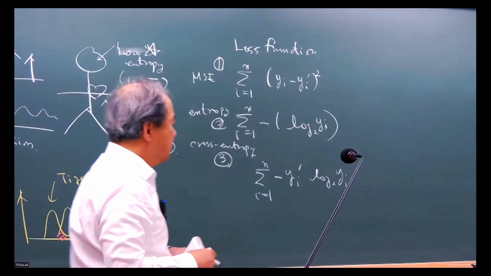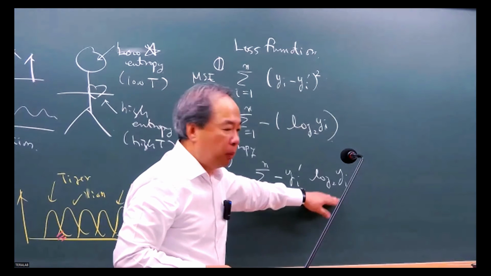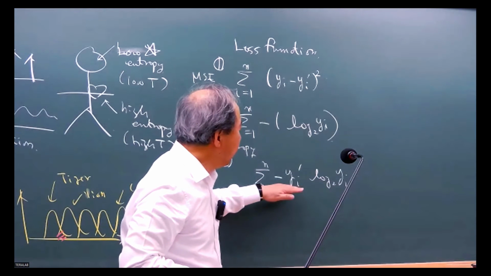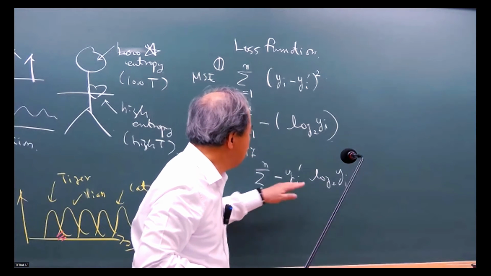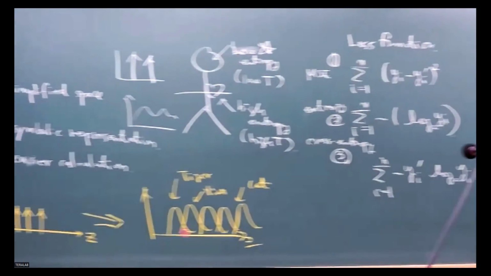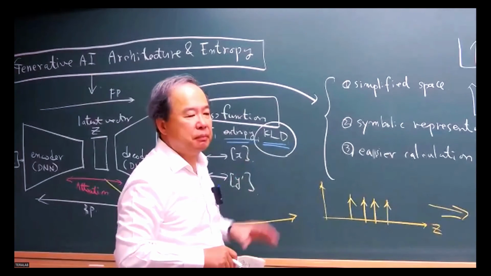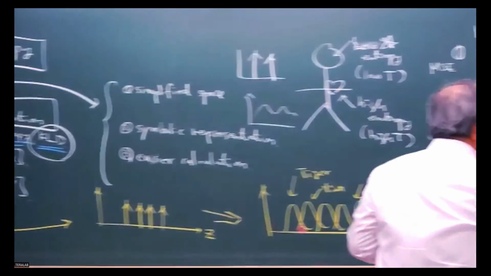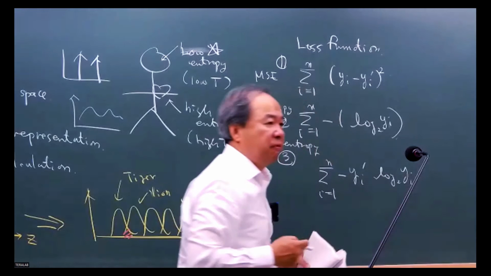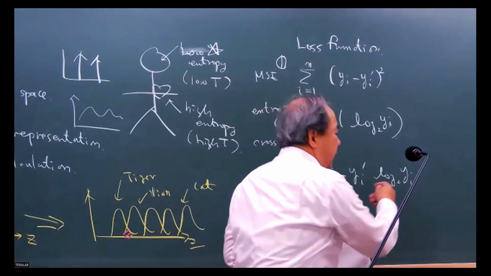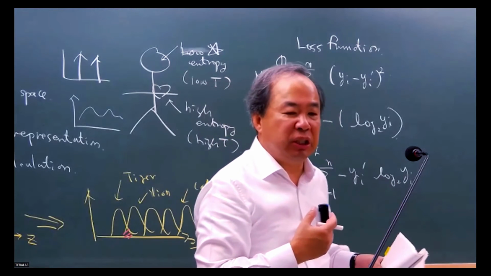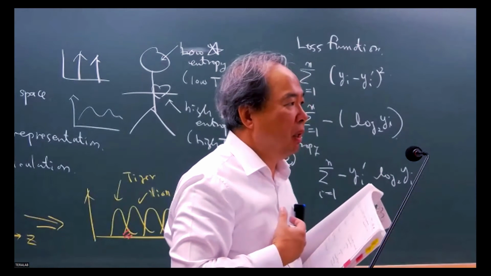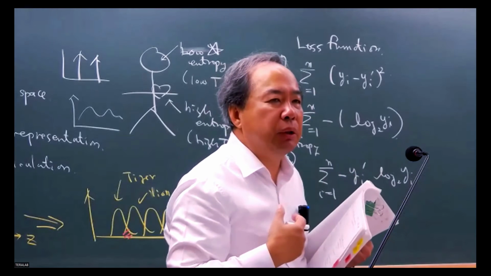Cross entropy means the average entropy. This is the total entropy. This is the average entropy, and the weight of this entropy is applied by your reference output. This could be a mirror, and this could be myself. Log 2 yi is the output of your generative AI. This is some amount of information about myself, but how can I know that?